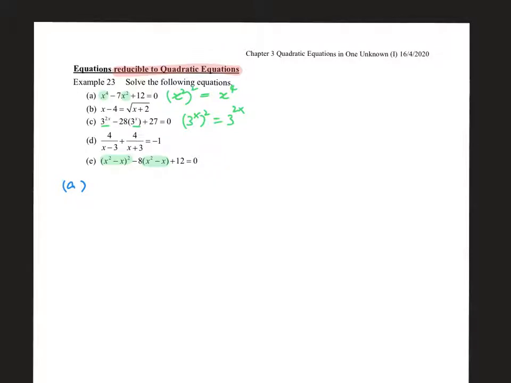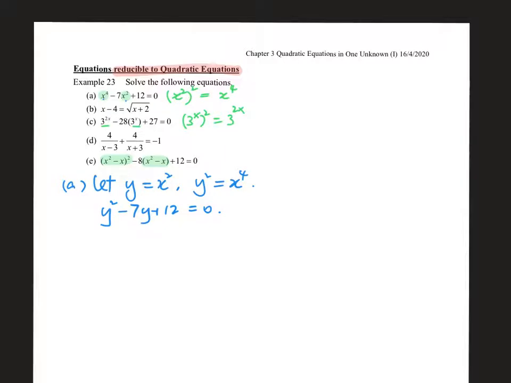In presentation, how we can do it is we make use of another letter to replace the big terms. We let y be the so-called smaller one, which is x squared, compared to power 4. Then y squared will be power 4 indeed. So in this case, the question changes to y squared minus 7y plus 12 equals 0. That's called reducible to quadratic.